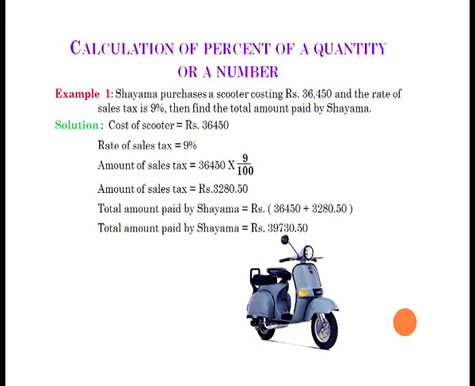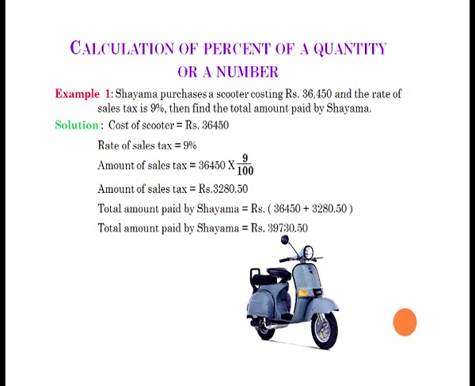We have learned how to calculate percent of a quantity. Now we will discuss the calculation of percent of a quantity using one example. Sam purchased a scooter whose cost is rupees 36,450 and the rate of sales tax is 9%. Find the total amount paid by Sam.